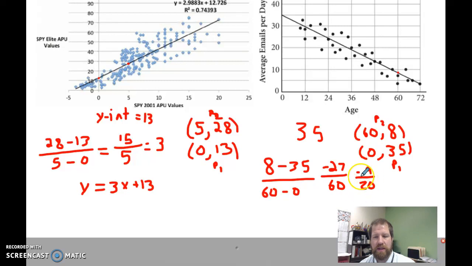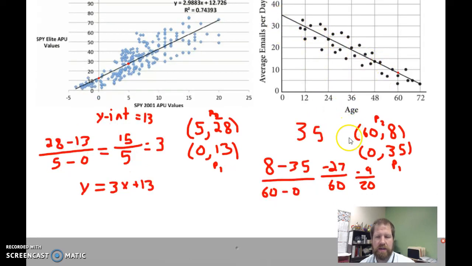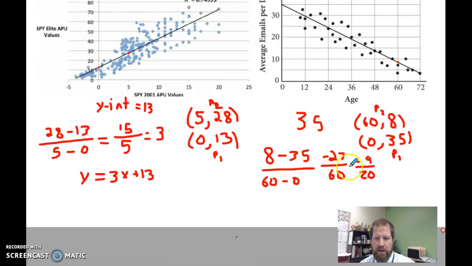But this is going to be pretty common for estimating these slopes, or estimating our lines. I've got my y-intercept, I've got my slope, so my equation is going to be y equals negative 9 over 20 times x plus 35.